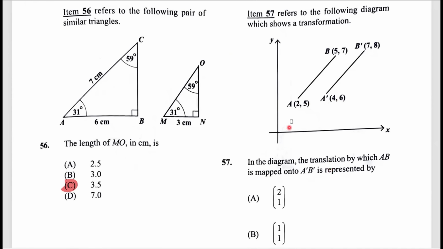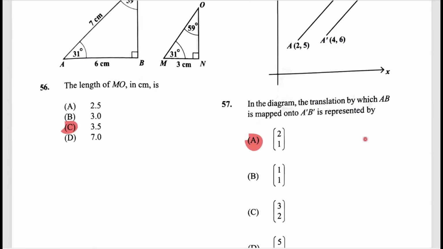But if I'm going from A to A prime, you're adding 2 to the 2 to get 4, and adding 1 to the 5 to get 6. So you're adding (2, 1). You add (2, 1) to this and you will also get B prime. That's A.